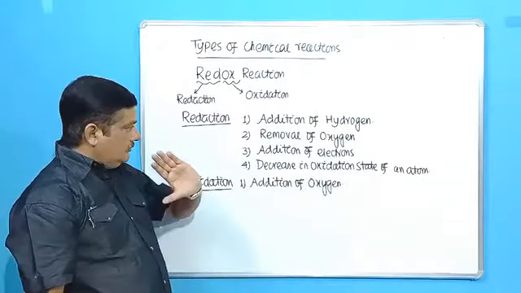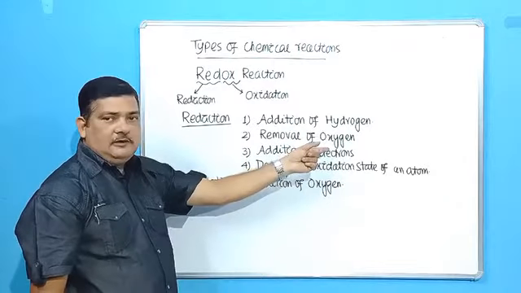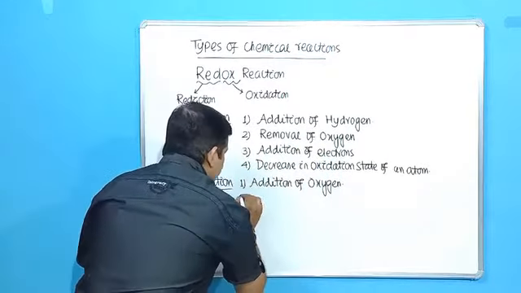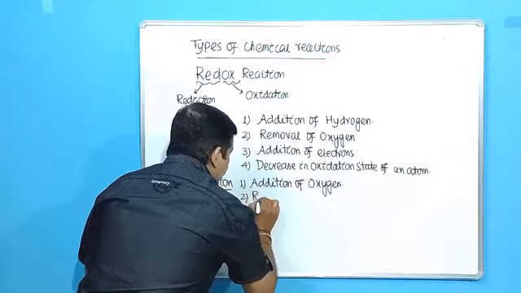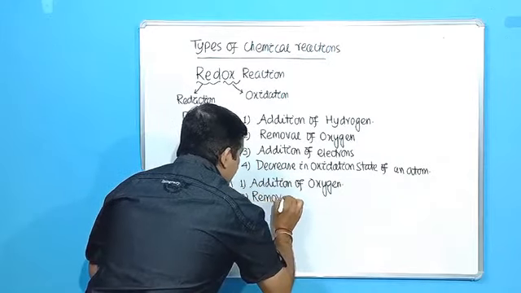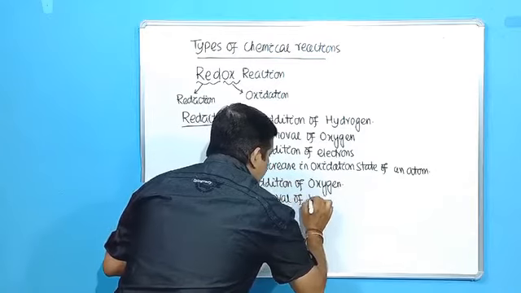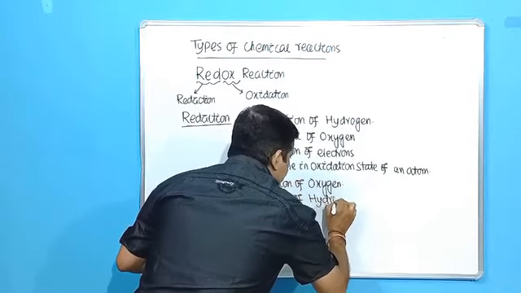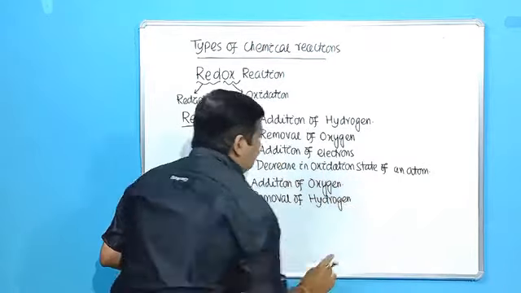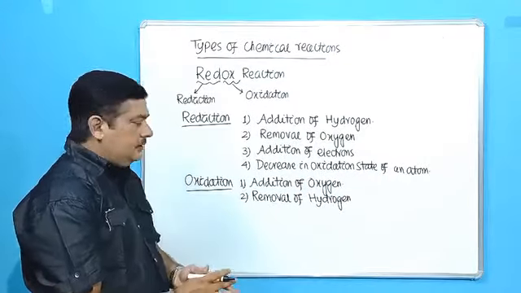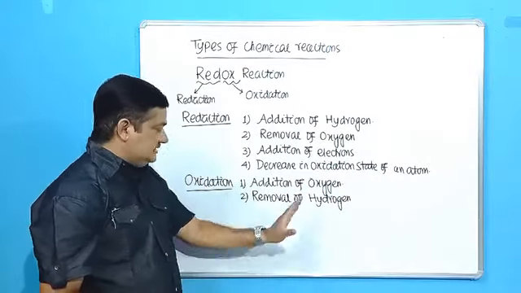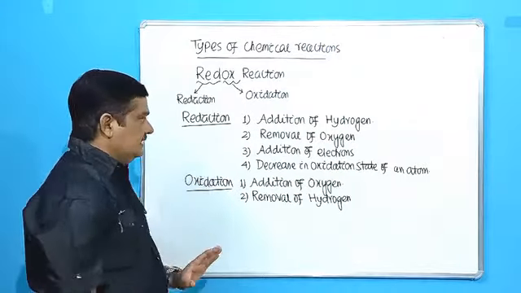So addition of oxygen. So when oxygen is added, what will be removed? Hydrogen. So next, removal of hydrogen. So these two are again the old concept or old definition of oxidation, addition of oxygen or removal of hydrogen.